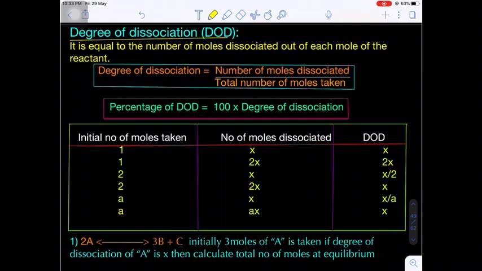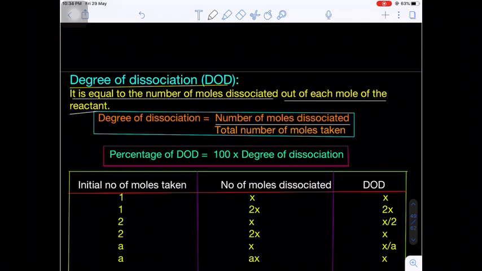Now the definition of degree of dissociation is the number of moles that dissociated per mole of the reactant. That means it is equal to the number of moles dissociated out of each mole of the reactant. Are you getting my point? Let's suppose I have 1 mole of a reactant.